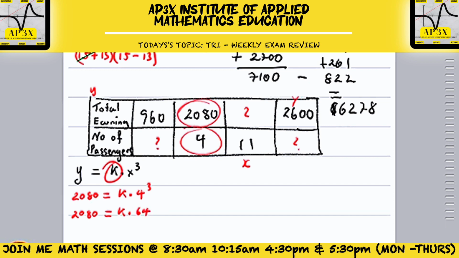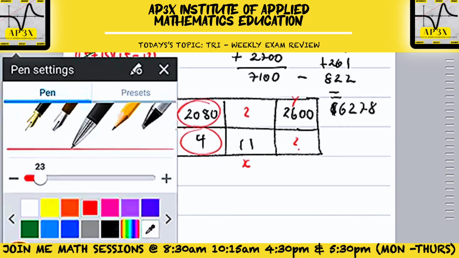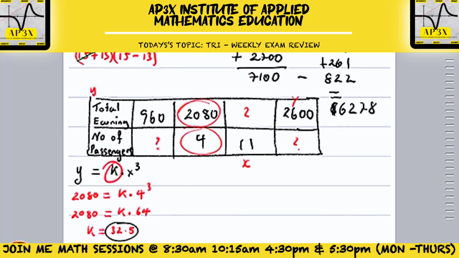So if we divide both sides here by 64, you'll find here that your constant of proportion works out to be 32.5. And so once we have that beautiful constant of proportion, that will then be able to propel us to working out the remaining sections of the table.